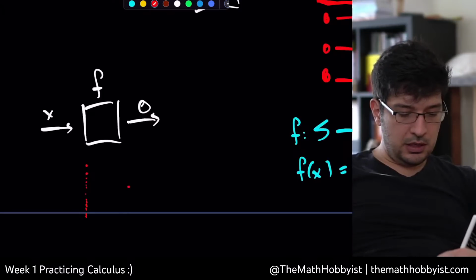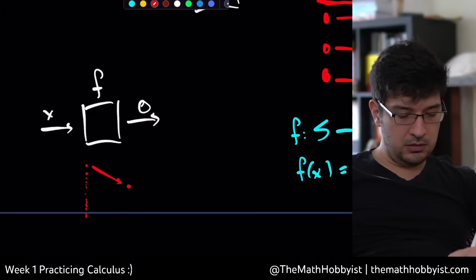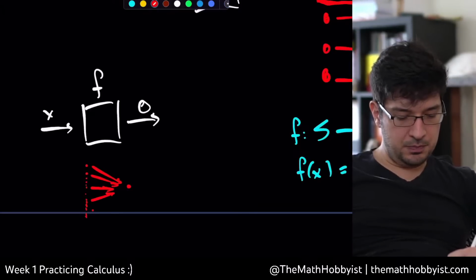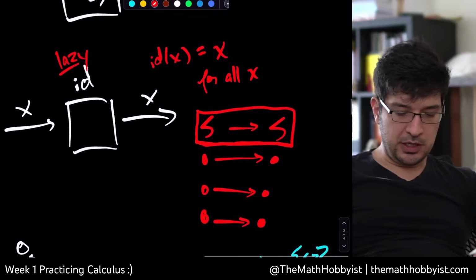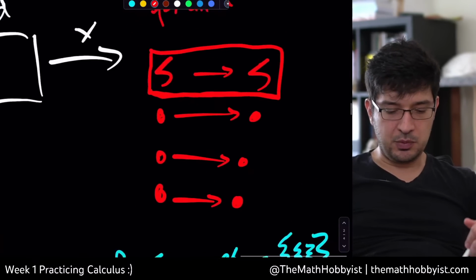But if they all were mapped to 0, what I'm trying to do is draw a diagram like this one.